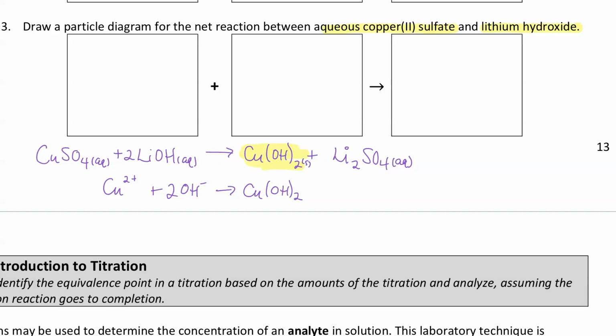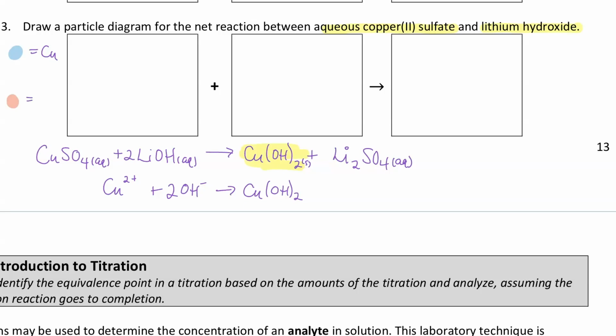Okay, so then I can draw these. I'm going to color code these again. I'm going to use different colors. I'm going to use a slightly different color of blue for my copper. And then in this case, because the hydroxide is going to stay together, we could just draw this as one single particle. I'll go ahead and demonstrate that here. I'm going to use like orange. Why not?